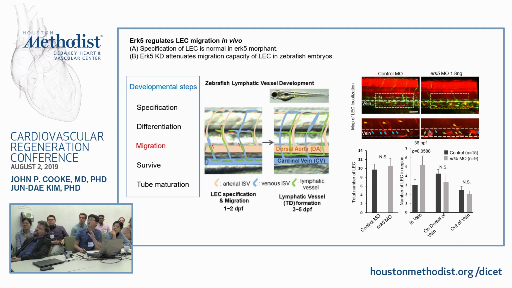However, in the ERK5 knockdown embryo, most cells are in the middle of the veins. That means they have just started after specification. Just a few cells start to migrate out here. So ERK5 can affect LEC migration, not LEC specification or differentiation.